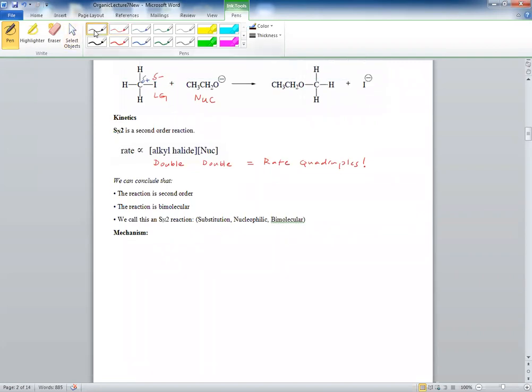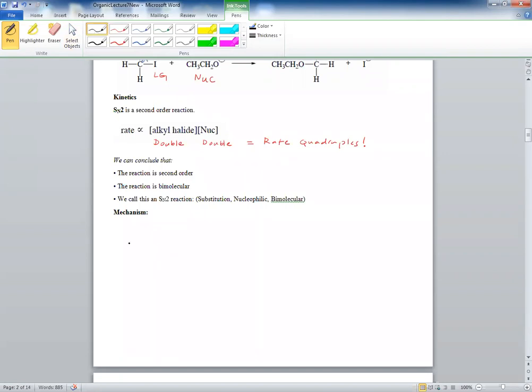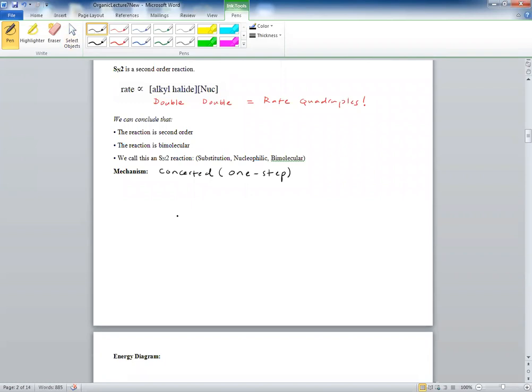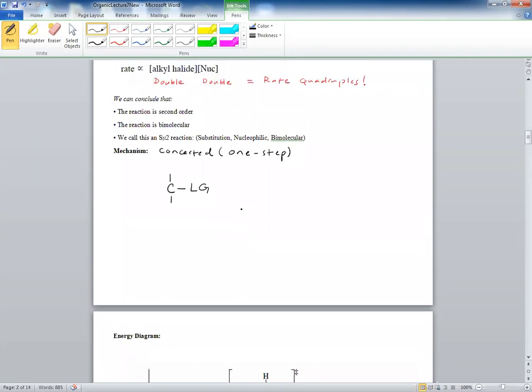So I'm going to use a generic reaction. What happens is that this is a concerted mechanism. One step. So if I have the leaving group right here, or we can say Lg or we can say X. Put the H's here, let's say.